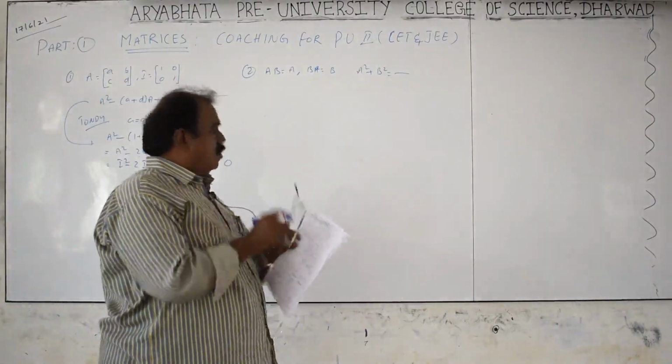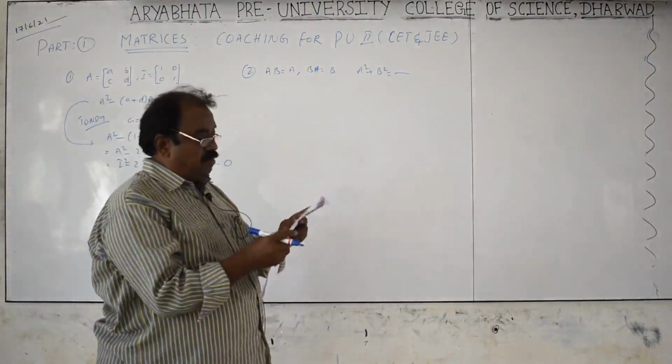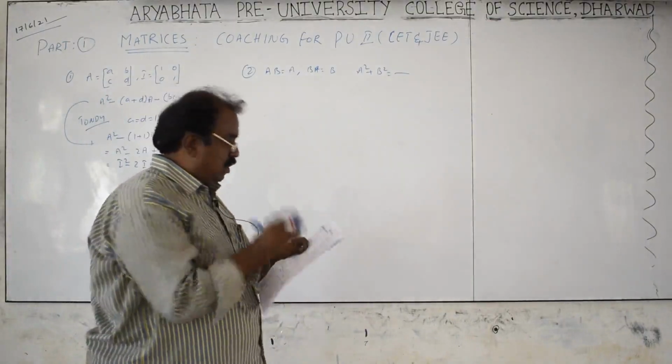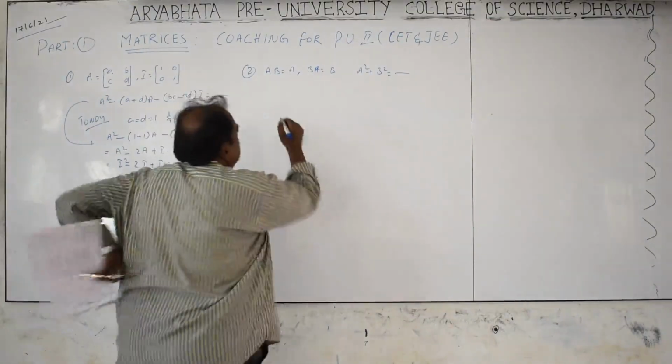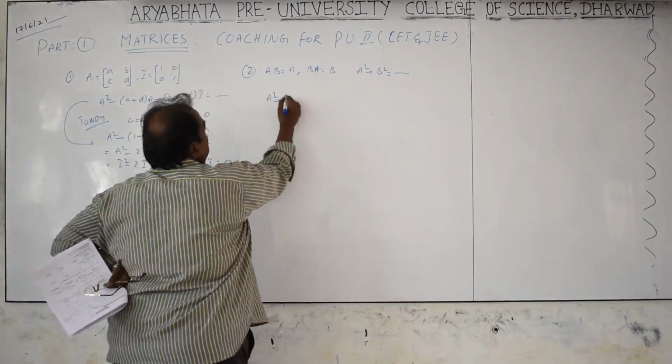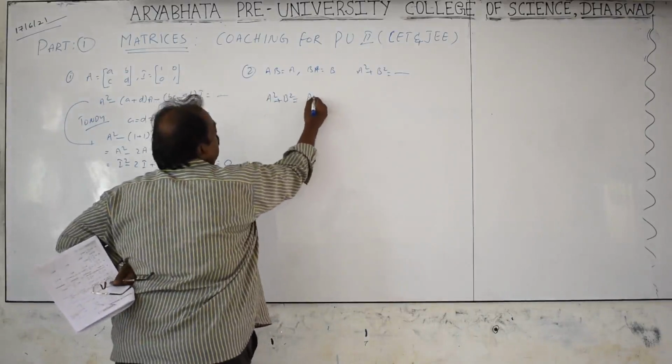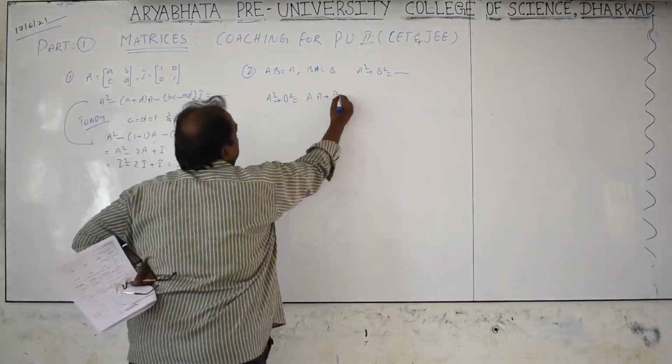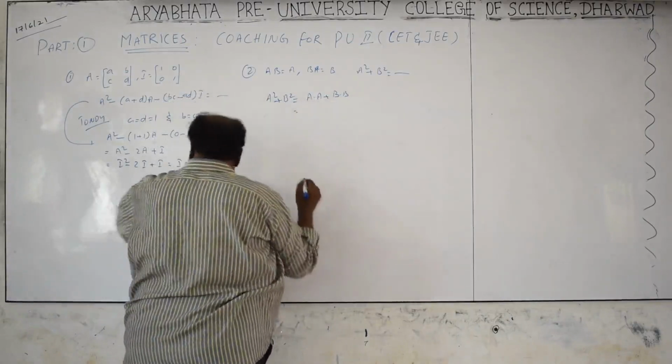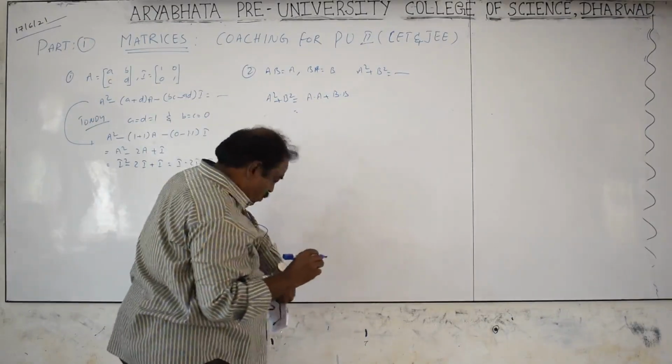Now, what is the value of A square plus B square? Okay? Right. The solution: A square plus B square is equal to A into A plus B into B.